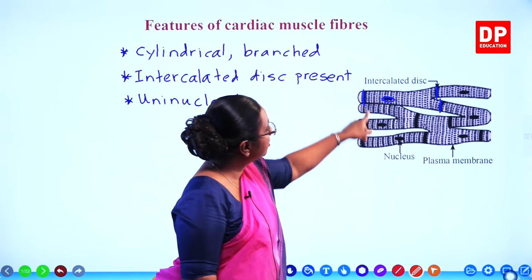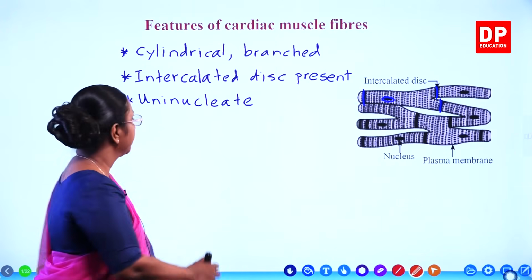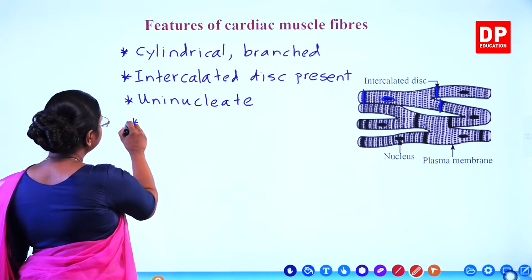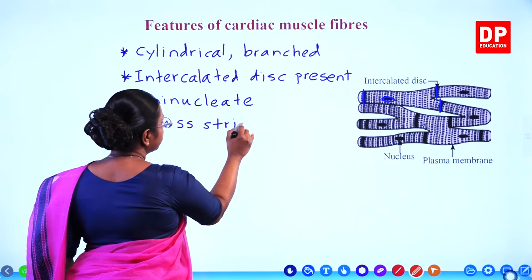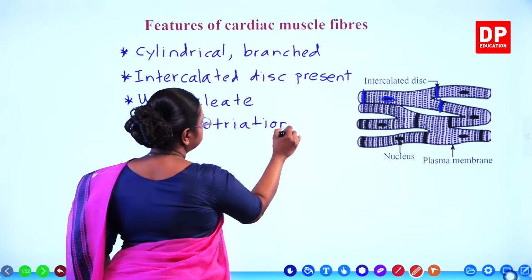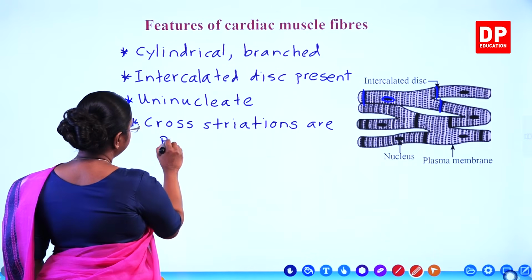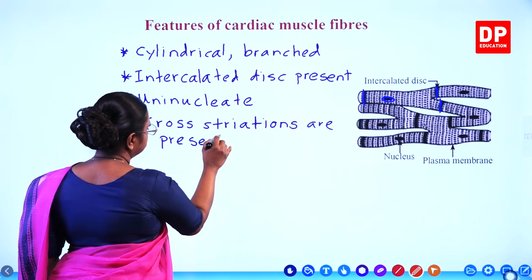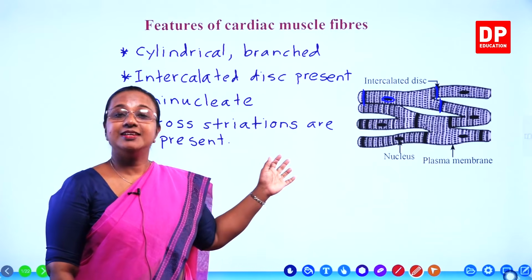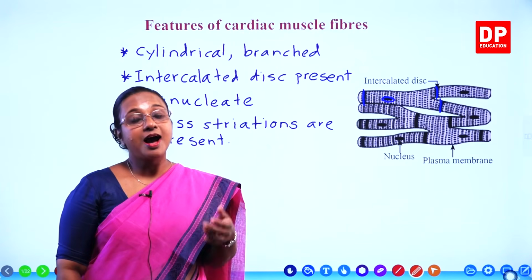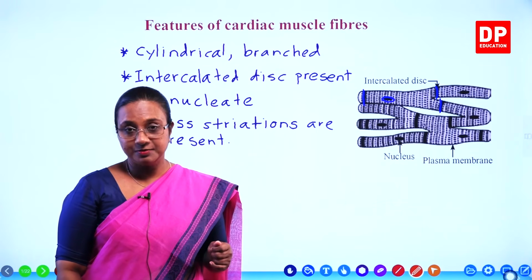And also you can see that there are cross striations present. So that is the next feature, cross striations are present. And we saw that these cardiac muscle fibers are exclusively present in the heart muscles of vertebrates.